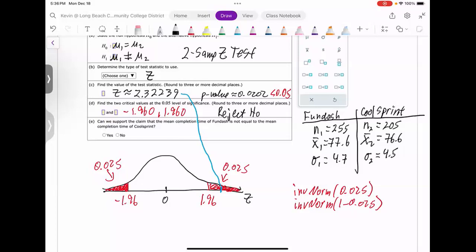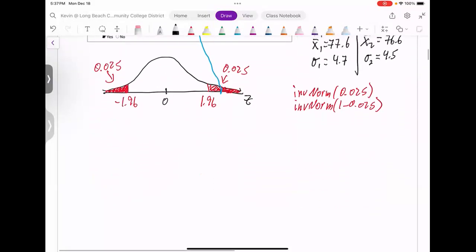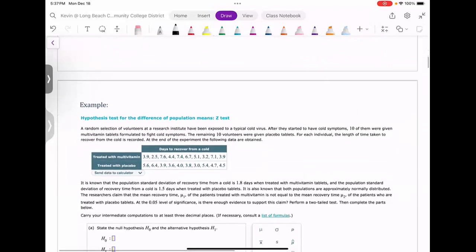So can we support the claim that the mean completion time of Fun Dash is not equal to the mean completion time of Cool Sprint? Yes, we can. Because we're rejecting the null hypothesis, we're going to go on the assumption that they're not equal. I'm hoping you're starting to notice that these are all kind of the same over and over again as we're looking at this.